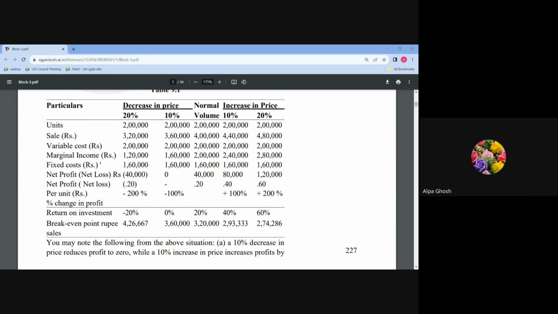You are talking about the percentage change per unit rupees. You are talking about this 200, which I have highlighted.